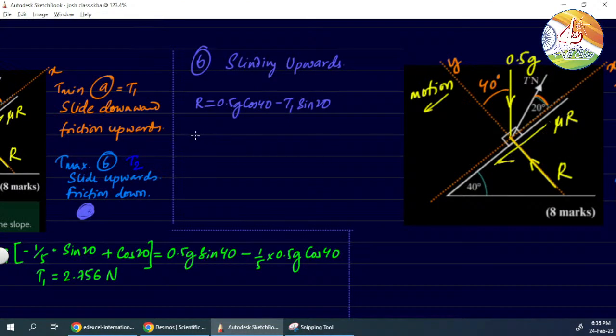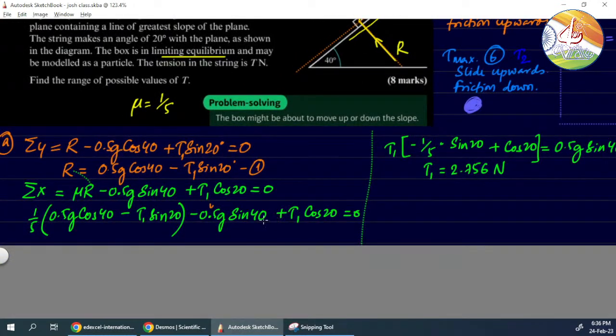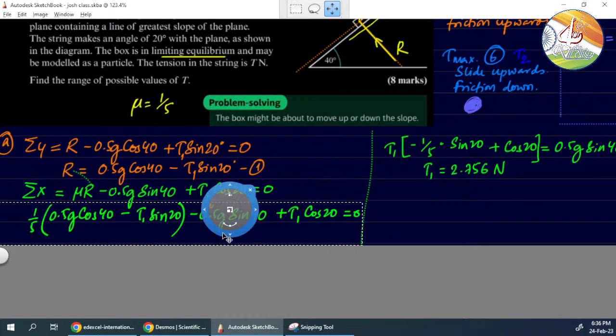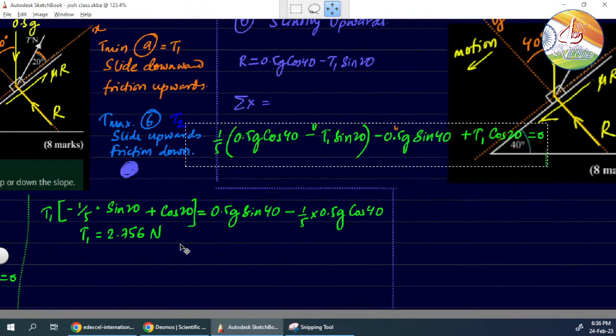Then coming to x component, sigma x, if you do, again you will get a big equation. The only change that will happen, what change will happen here? This value, instead of positive, it will be negative, correct? Yes. So this whole term becomes negative. So let me take the same equation directly. Okay, so there is not enough space here.